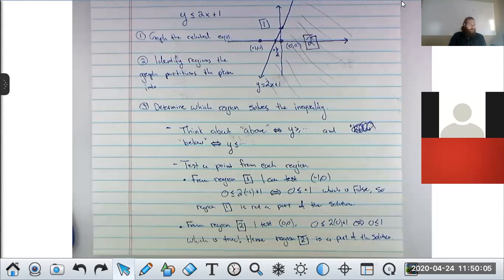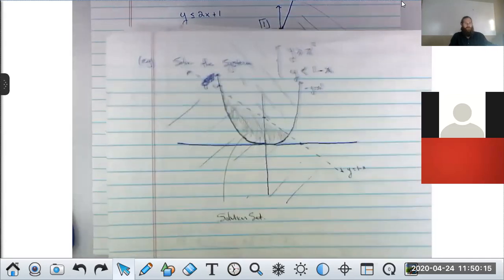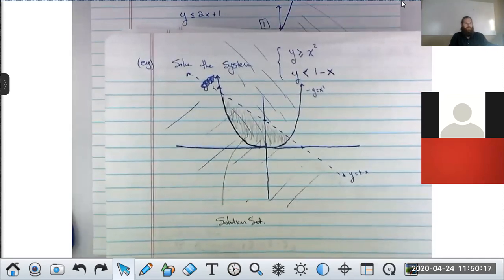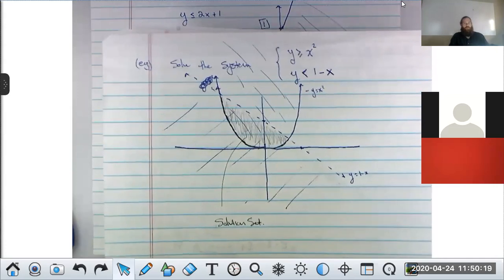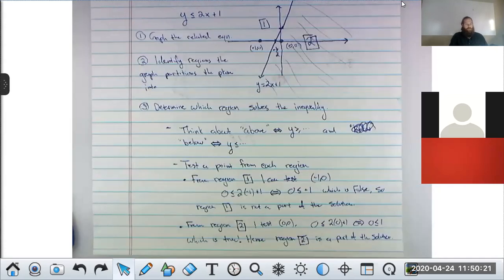There's no algebra process for solving these, because we need a way of describing this set of ordered pairs. Some systems, yes, but there's no general method besides graphing and shading.